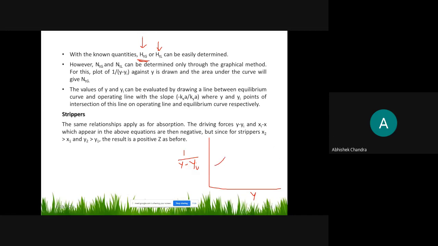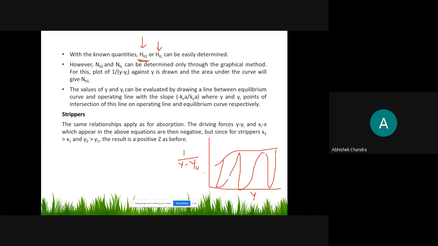Whatever curve forms, find the area under this curve graphically, and this will give the NTG.